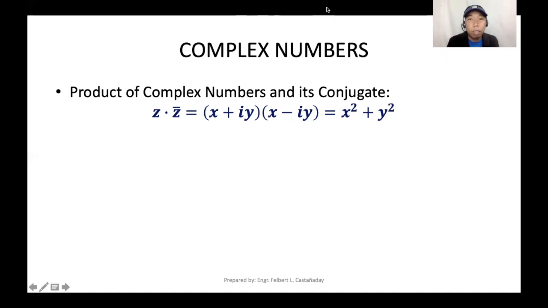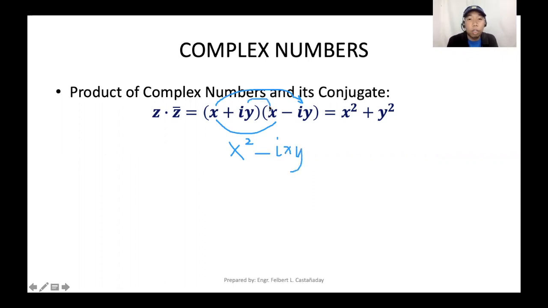Maybe I can show you how it resulted in x squared plus y squared. We just follow the FOIL method. First terms, x times x, so you have x squared. Outside terms, x times negative iy, so you have negative i times x times y.